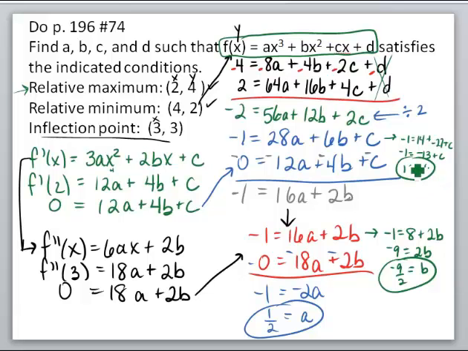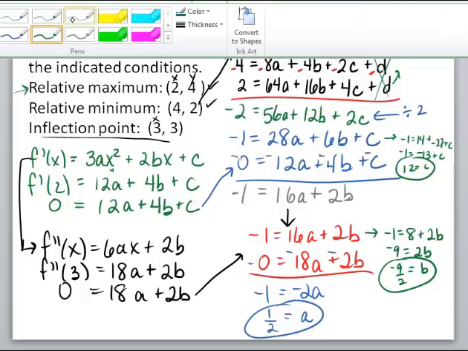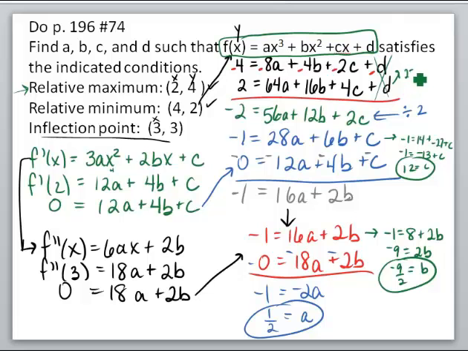And lastly, I'm going to be able to get d by going back to one of these very original equations, these first ones. So I'll see if I can squeeze that in here. I get 2 equals half of 64, which would be 32, plus negative 9/2 times 16, which would give me negative 72, plus 12 times 4 is 48, and then plus d.